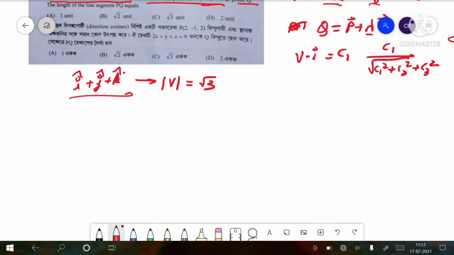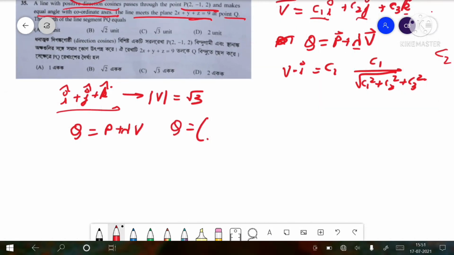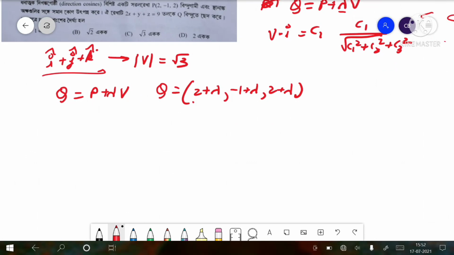So since the point Q lies on this plane, we can say Q is equal to P plus lambda v. So Q is equivalent to, P point was 2, so 2 plus lambda into 1, comma, minus 1 plus lambda into 1, comma, 2 plus lambda into 1.